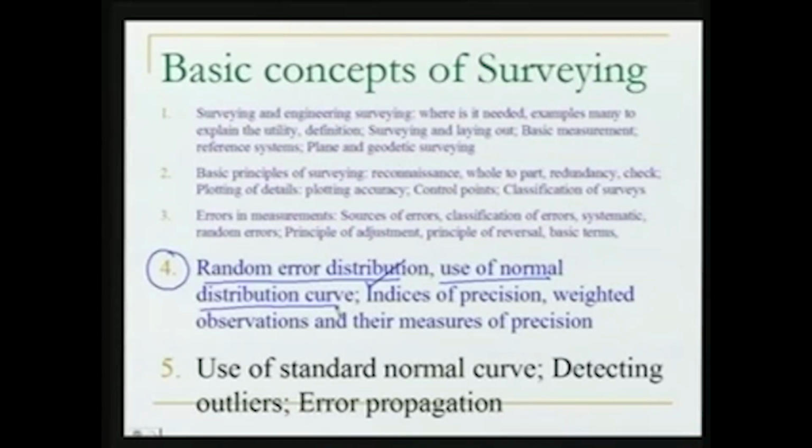While talking about the use of the normal distribution curve, we talked about various things. One important thing was the standard normal curve. In order to determine anything within the normal curve for any variable x, we cannot determine it directly. So we need to make use of the standard normal curve, for which we know the cumulative probability density function, also called the distribution function.